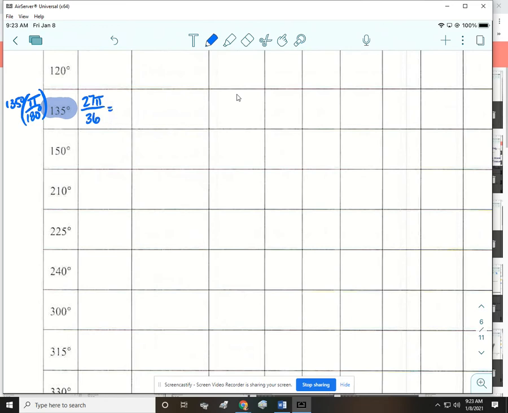Okay, and that will reduce again. So 9 also goes evenly into both of those. So I would divide 27 by 9 and get 3. Divide 36 by 9 and get 4. Okay, so 135 degrees is the same as 3 pi over 4 radians.